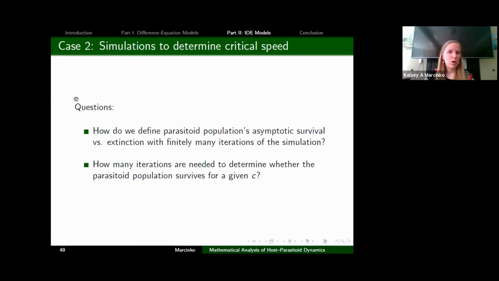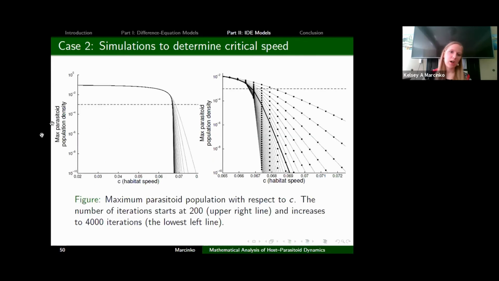So to investigate that question, I looked at fixing a set of biological parameters and running simulations at different habitat speeds, where I then calculated the maximum parasitoid population density after a fixed number of iterations. So each of the lines here corresponds to starting with 200 iterations. Each line is 200, 300, 400 iterations.